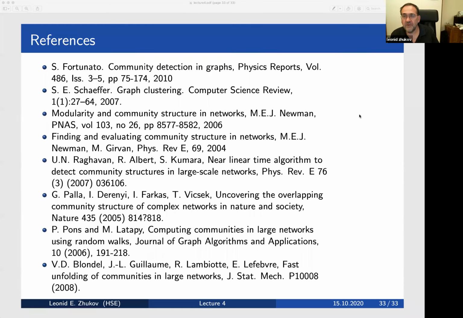And of course, for all kinds of social things, you want to find groups of people that know each other or communicate among themselves more than with others. Plenty of applications. If this is interesting, go look into the review.